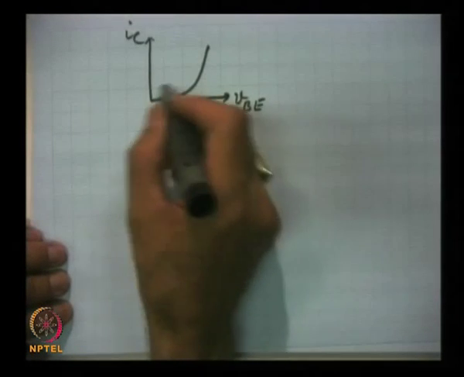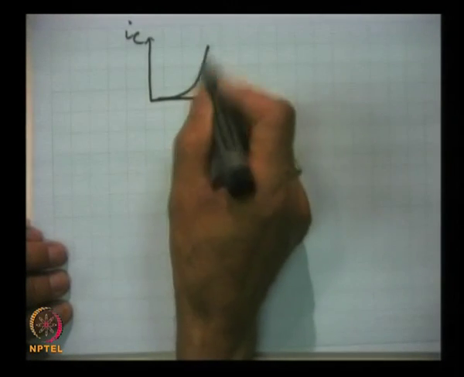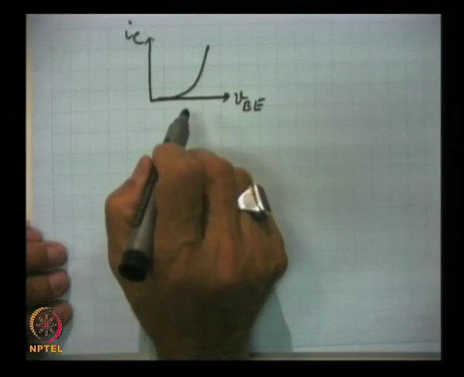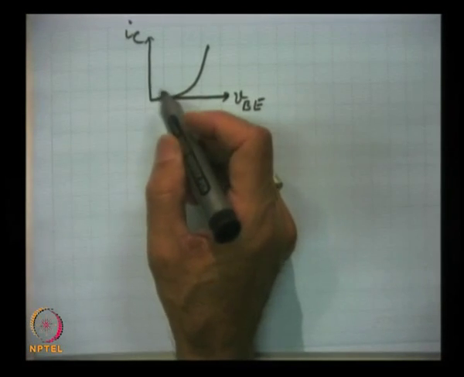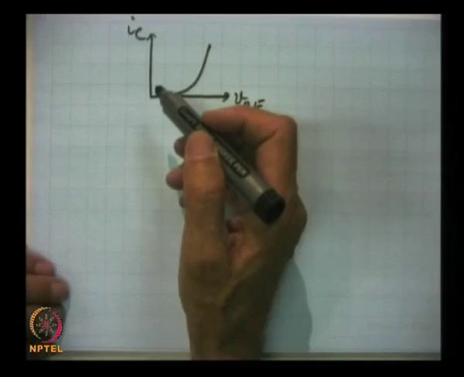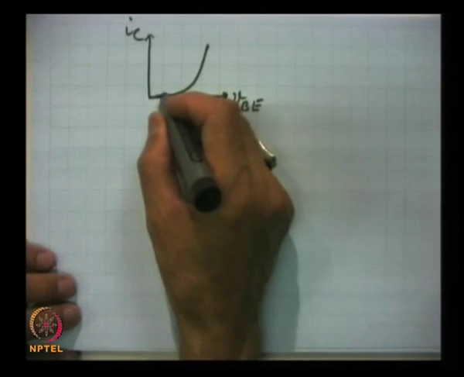See here, the whole region of these characteristics will be involved when the output current swing, for example, has to be high.